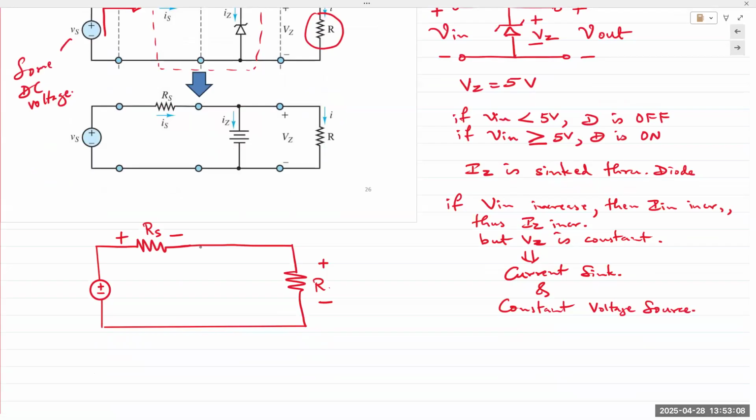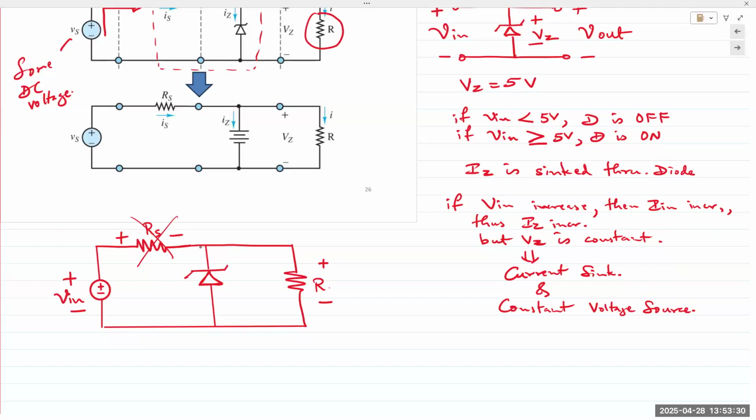So if you simply attach a Zener diode here and do not have this RS, if you increase the voltage V in, the current would increase proportionately.